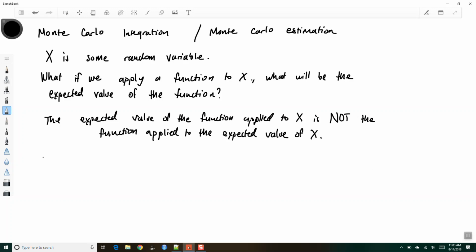So for example, let's say z comes from the standard normal distribution. And let's say we have a function where you just take the value and you square it.